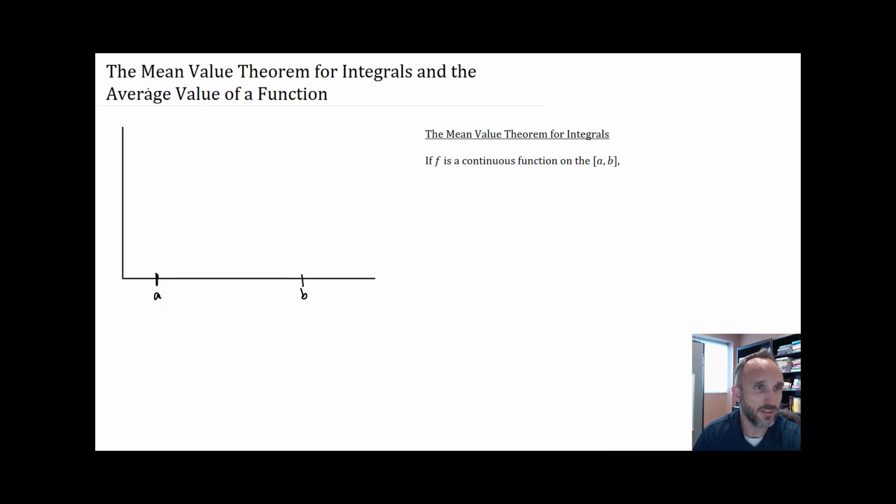So let's say it starts at this point, and it's a continuous function, maybe does something like this and terminates over here. All right, so that's a continuous function. We'll call this function f. So that satisfies the condition for the mean value theorem for integrals.